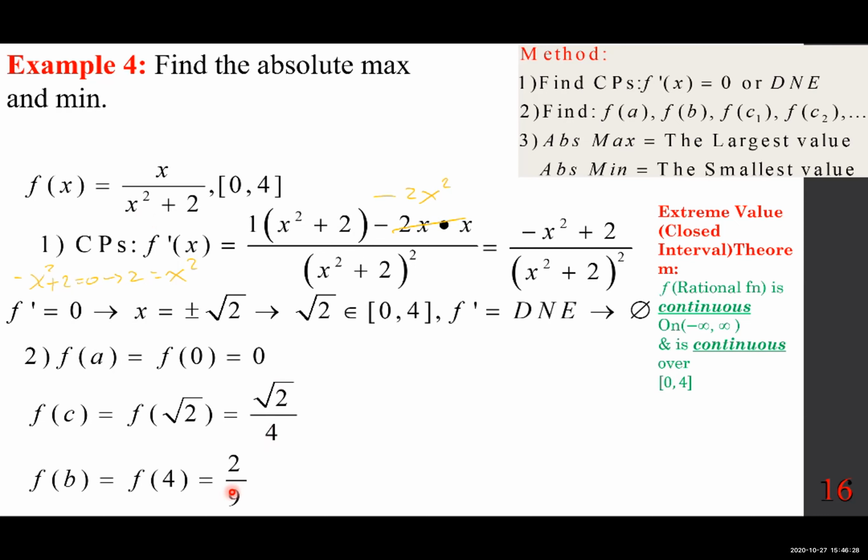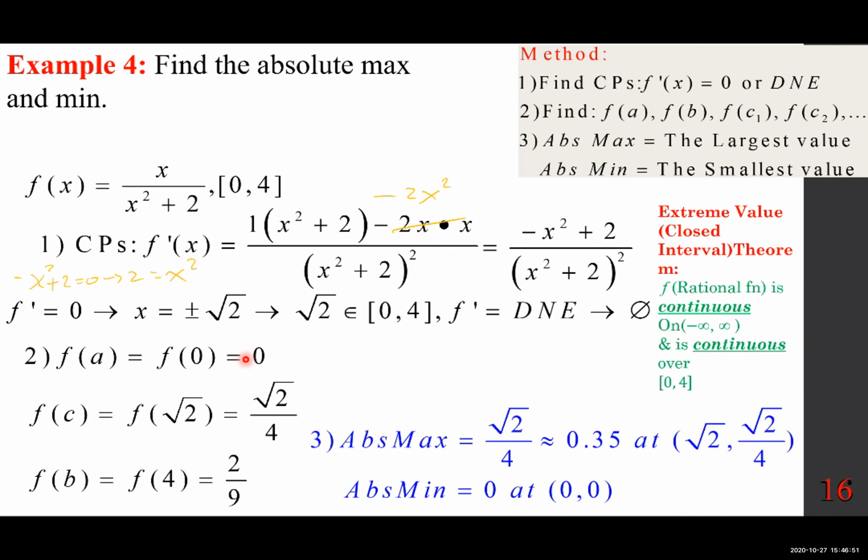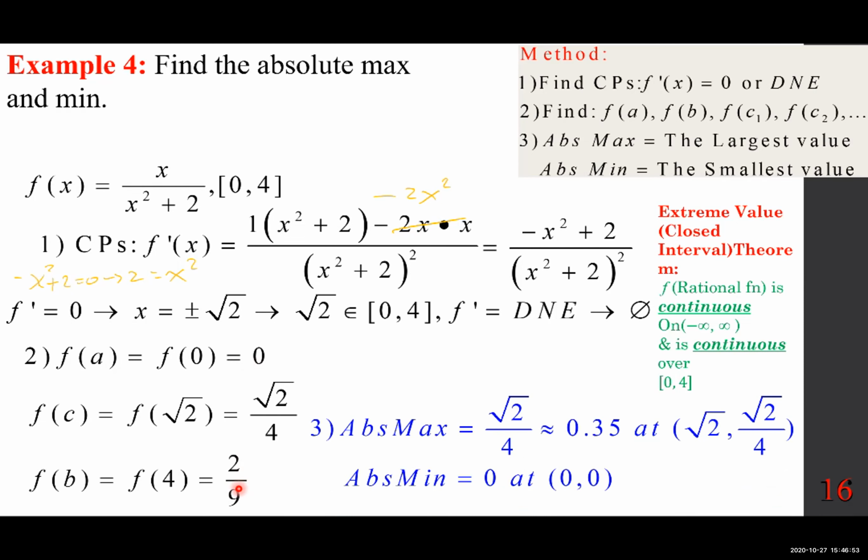If you don't, you can use the decimal representation. One easy way to see it is that if you multiply 4 by 2, roughly you get 9. And if you multiply this one by 2, remember the square root of 2 is 1.41, so it's 2.82, which is larger. So this is the largest value and 0 is the smallest value. And by the way, 2 over 9 or 4 over 18 is 0.2 repeating.